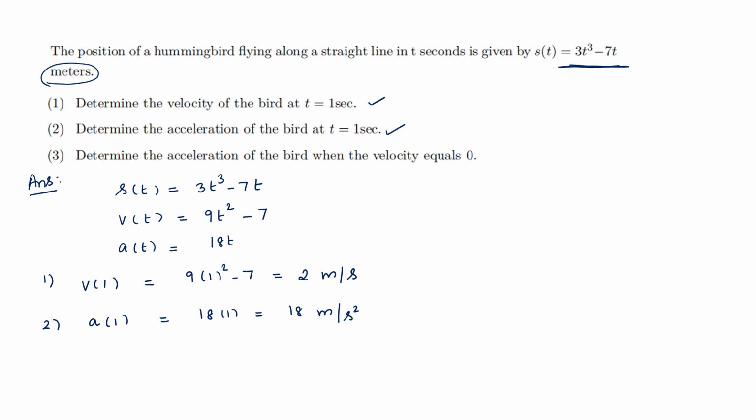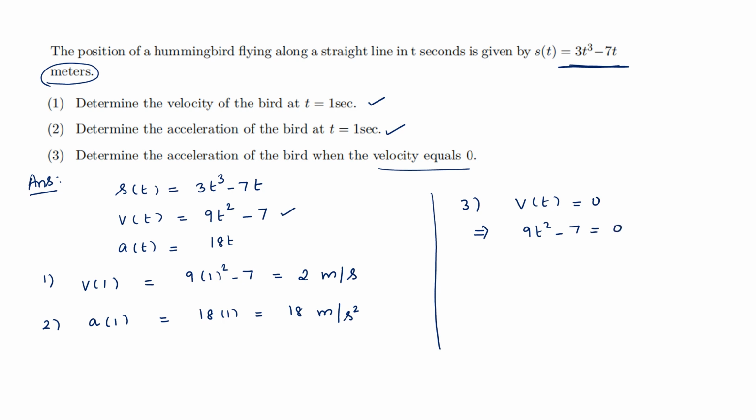Third question, determine the acceleration of the bird when the velocity equal to 0. So velocity they are giving here equal to 0 we have to do. It is a third question I am writing here. Velocity equal to 0 means v of t equal to 0. This gives v of t is 9t square minus 7 equal to 0.